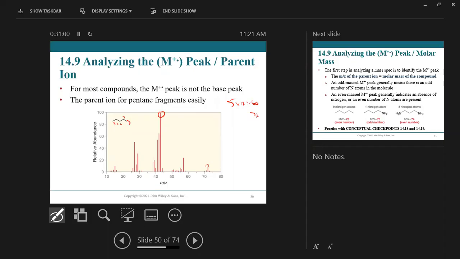And they're saying that the parent peak, the molecular ion peak, comes over here. So some people might think this is the molecular ion, it should be 100%, but in this case, a fragment peak is.